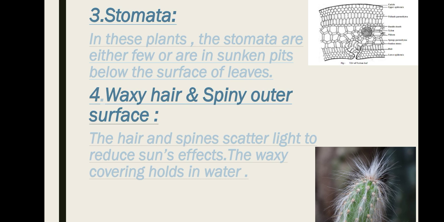We have a spiny outer surface as well, as we know that sunlight is a form of energy, and by following the principle of conservation of energy, this sunlight can be converted into heat energy, which can lead to evaporation of water from the surface of the plant, which already has less quantity of water in it, and this can result in the death of the plant ultimately.